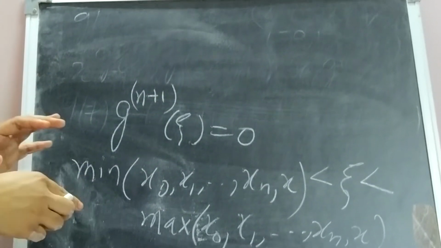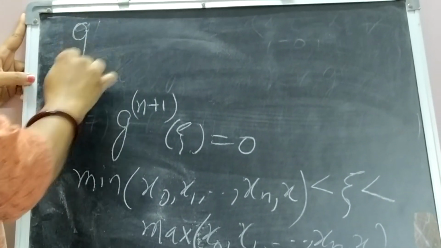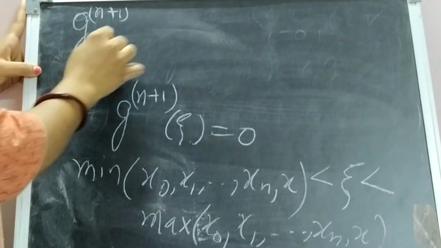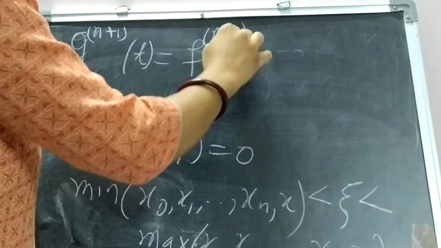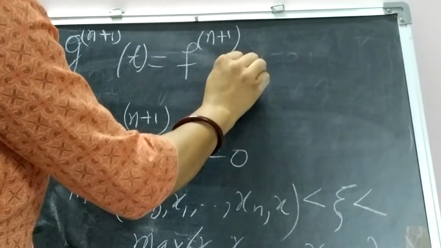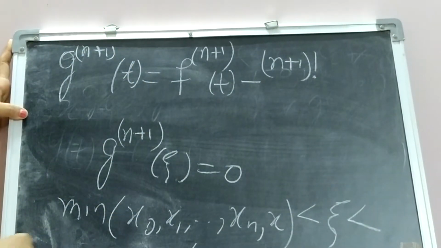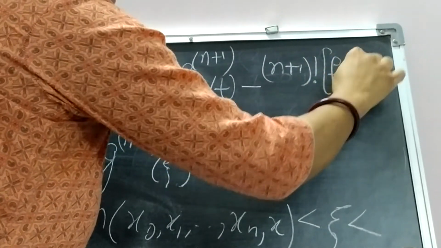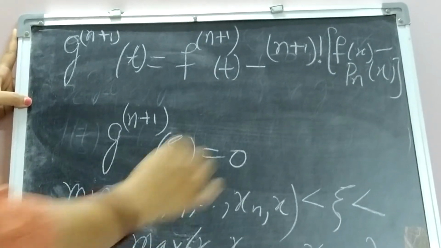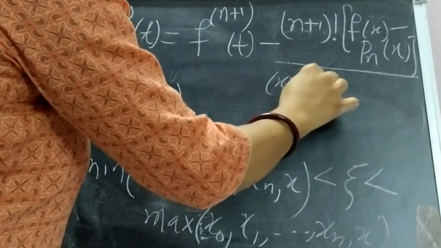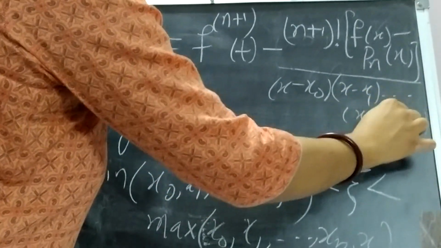So here we will differentiate that n plus 1 times with respect to t, and from there we get g^(n+1)(t) equal to f^(n+1)(t) minus, here we will get factorial n plus 1, times f(x) minus pn(x), divided by (x minus x0)(x minus x1)...(x minus xn).